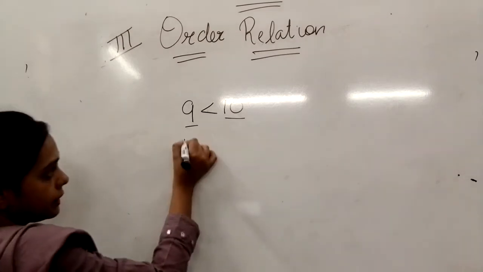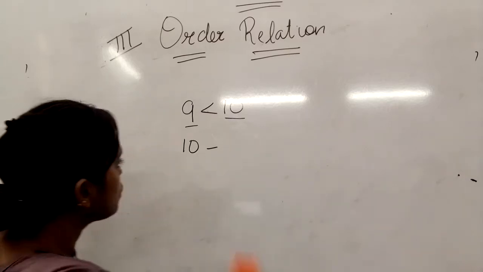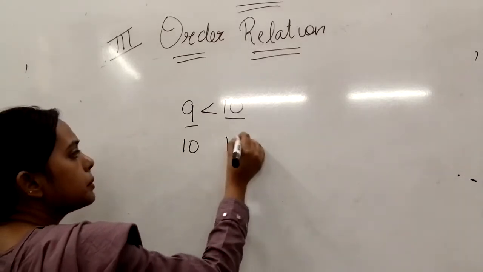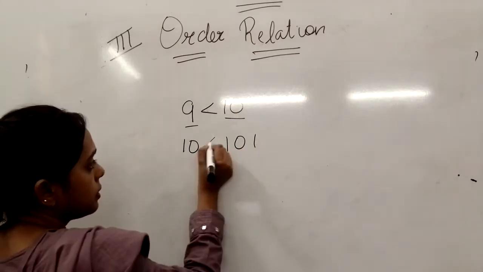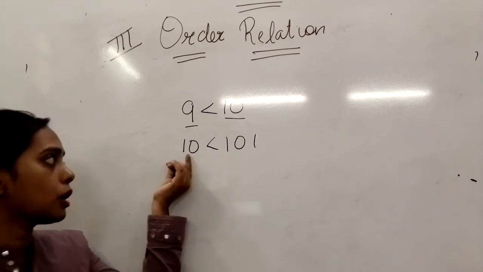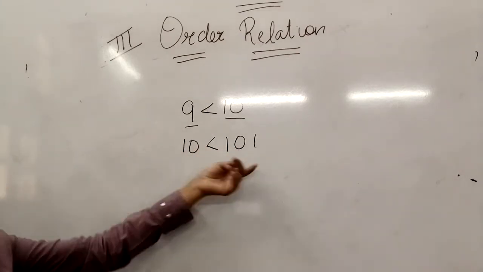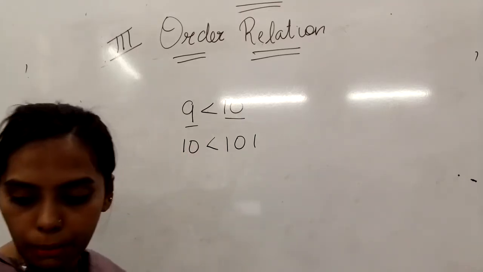Similarly, if I write 10 and 101, this number will always be greater. Okay? Why? Because it is a 3-digit number and a 2-digit number. So a 3-digit number will always be greater than a 2-digit number.